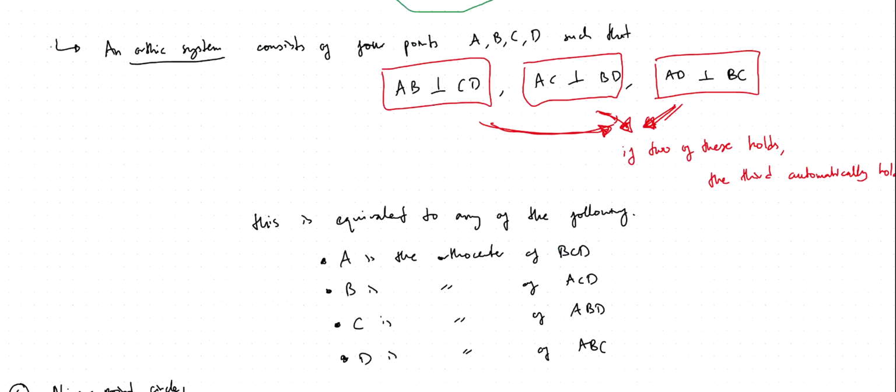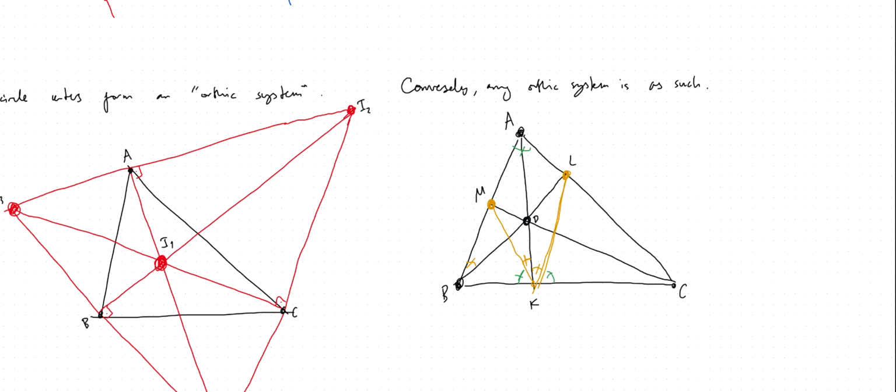It says these circles are 2 times the circle MKL, which means for an orthic system, the circles ABC, BCD are 2 times the 9-point circle.